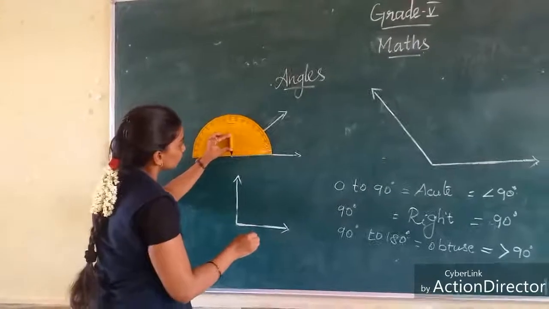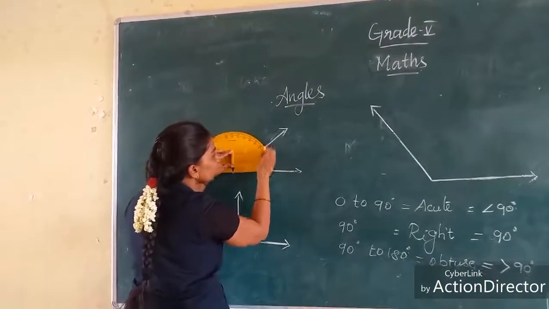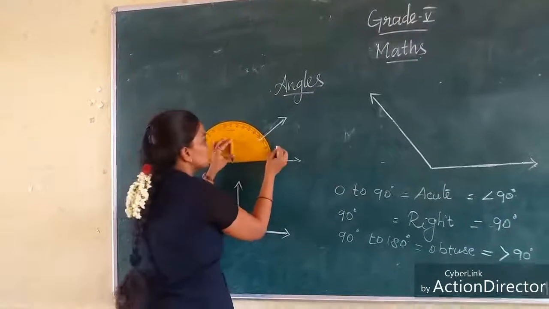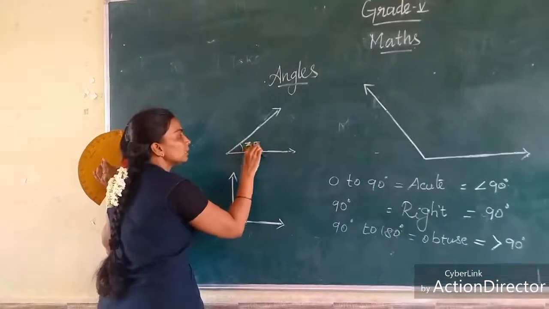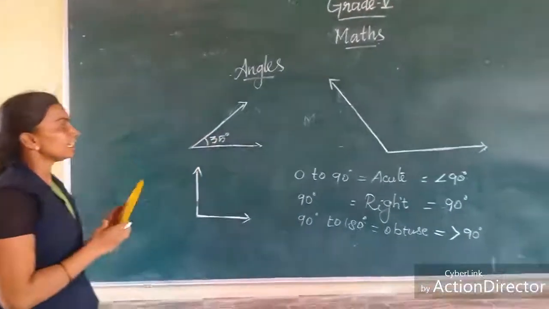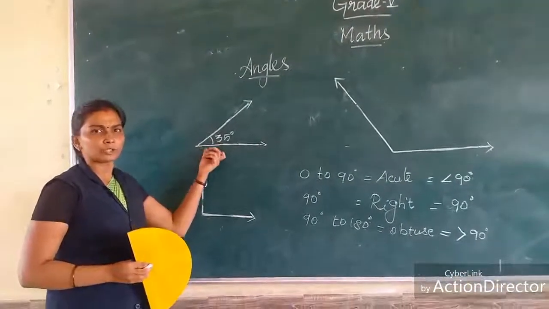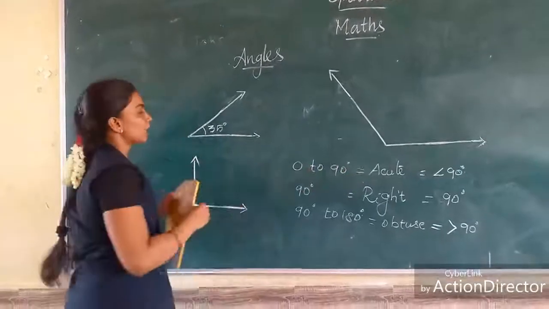Now what is the angle? 30 and here 35. So what is the angle? 35 degrees. Is 35 degrees an obtuse angle, right angle or acute angle? Look here. Less than 90 degrees means acute angle.